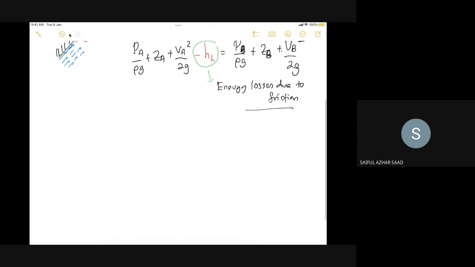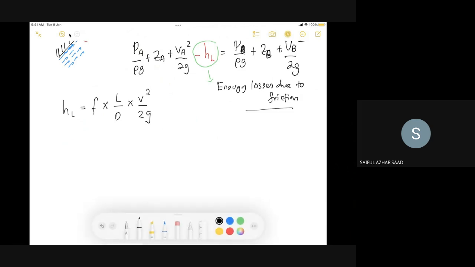Now the HL here can be found by using this equation: f multiplied by L over D multiplied by V squared over 2g. The symbols here are quite straightforward. L is the length of the pipe, D, by now you should know, is the diameter of the pipe, and V is the velocity.